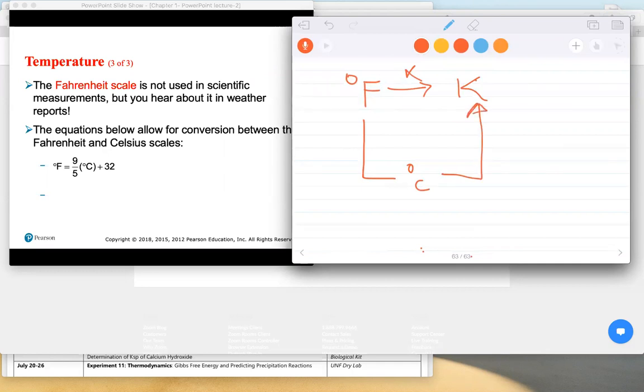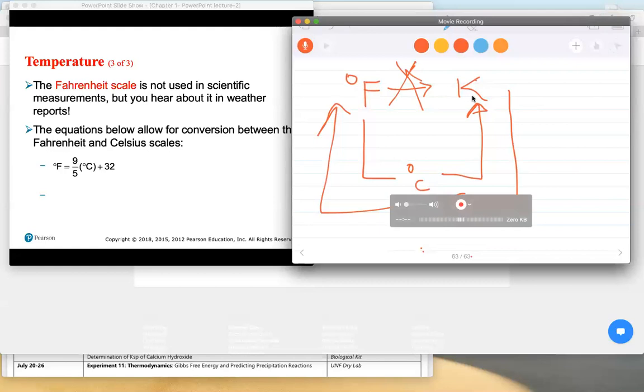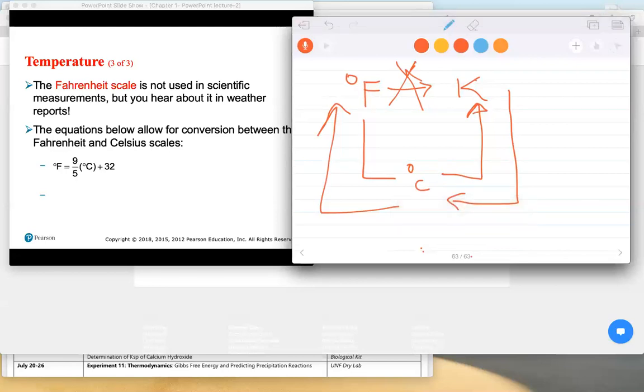The same way back: from Kelvin to degrees Celsius, and then to degrees Fahrenheit.